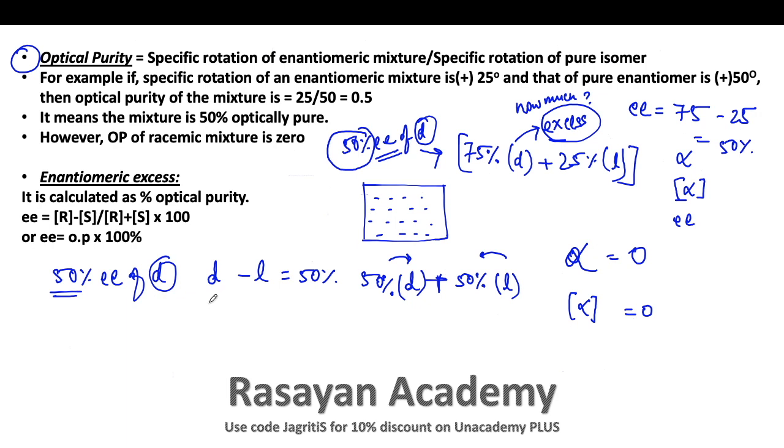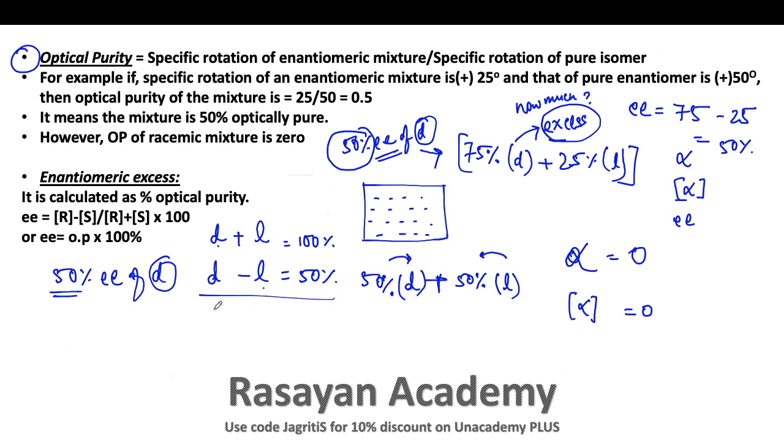Now you already know that in the solution, if I say I have a criteria of 100%, who is making the 100% optical activity? Both the D and L, right? So the D and L total will make 100% of the sample, and D minus L will make 50% of the sample.